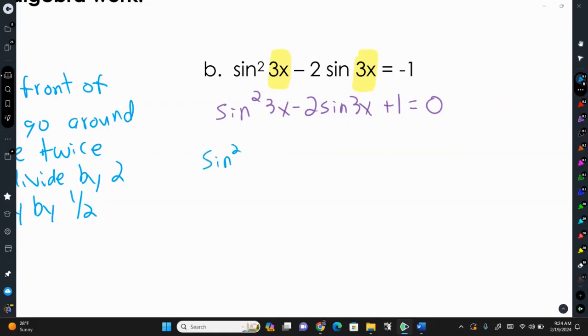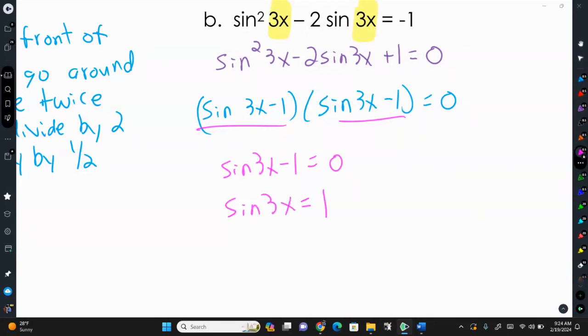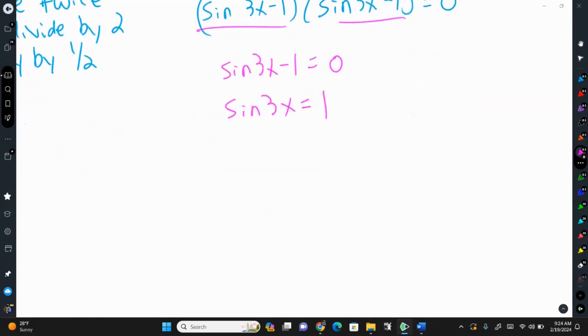So sine 3x minus 1 times sine 3x minus 1 equals 0. Well, they're the exact same factor, so we're only going to have one thing to worry about. So sine of 3x minus 1 equals 0. Sine of 3x equals 1. So when is sine equal to 1?